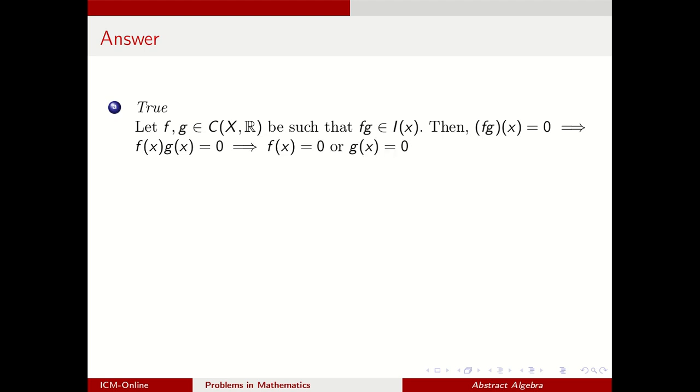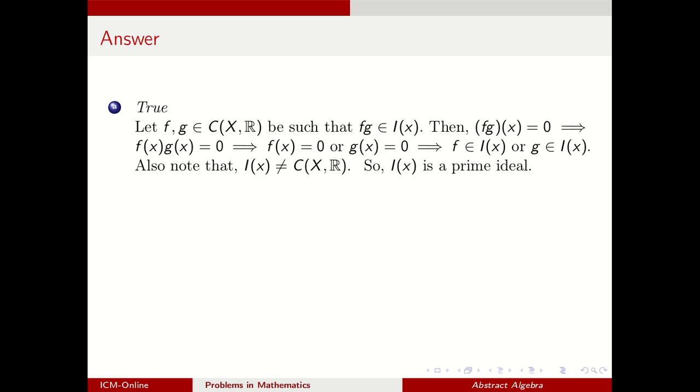So f(x) = 0 or g(x) = 0 because R is a field. That is, f is a member of I(x) or g is a member of I(x). Also note that I(x) is not the full ring. Thus, I(x) is a prime ideal.